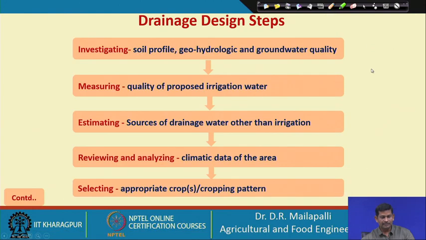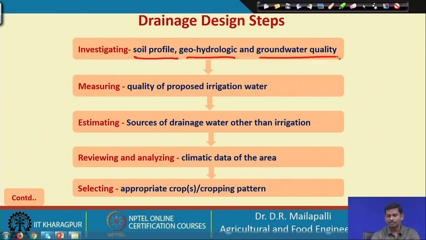Next are the steps we need to follow in designing the drainage system. The first one is the investigation. We need to investigate things like soil profile, geohydrology and groundwater quality. These need to be understood before planning a drainage system.